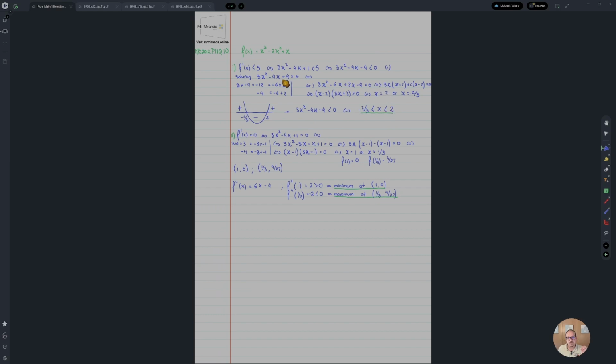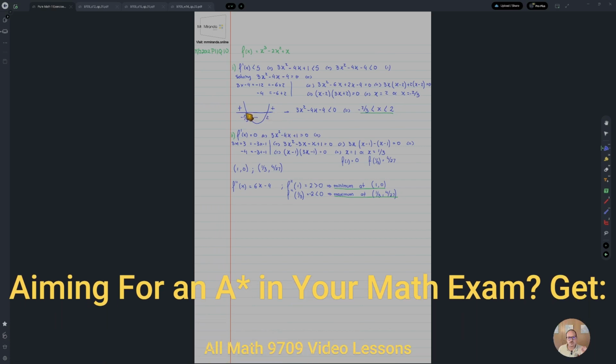Again, recapping, I make the derivative smaller than 5 as the question asks, put everything to one side, and I have an inequality. I stop here and I solve the quadratic equation. I find the values of x for which it is 0. I plot them very quickly on a little sketch.